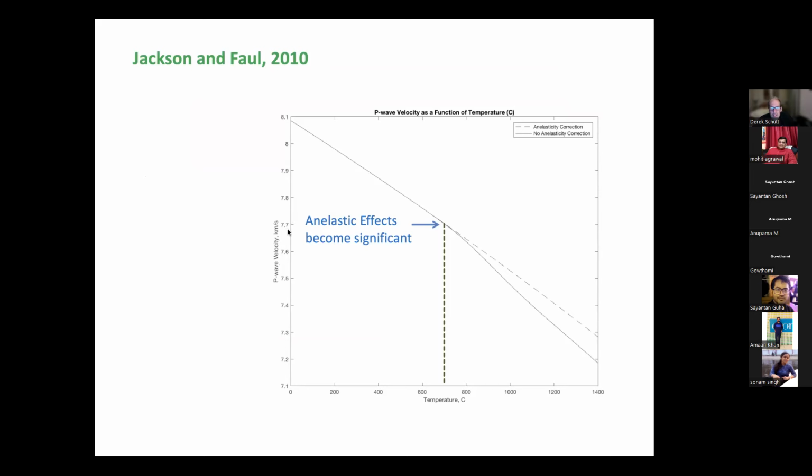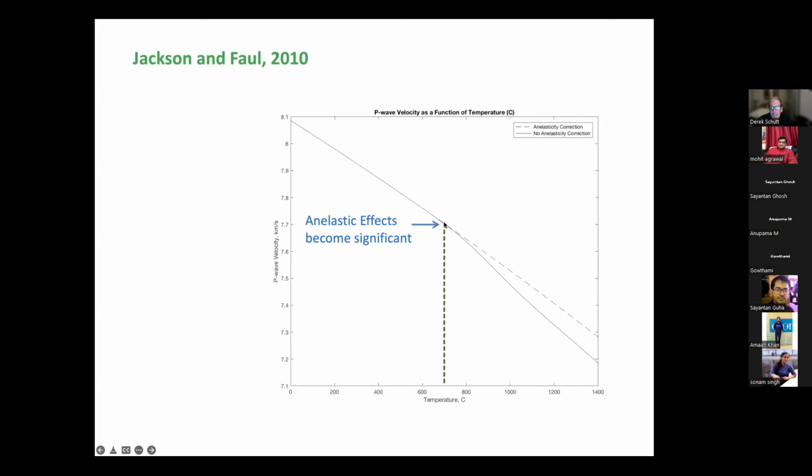So we can plot the work of Jackson and Faul 2010, and this is P wave velocity, just in olivine. What we see is for 0 to 700 degrees, a linear trend, which is just the fact that the bulk modulus and shear modulus have a temperature effect, and that reduces them.